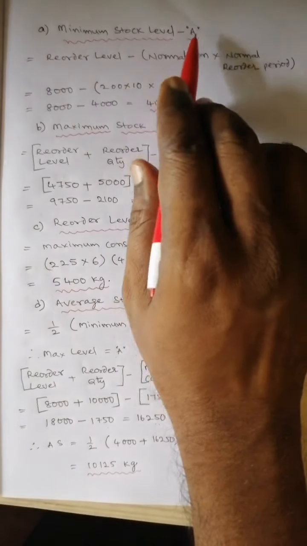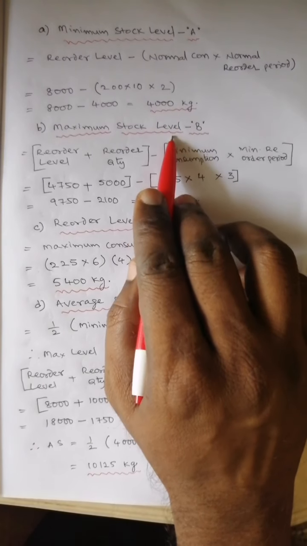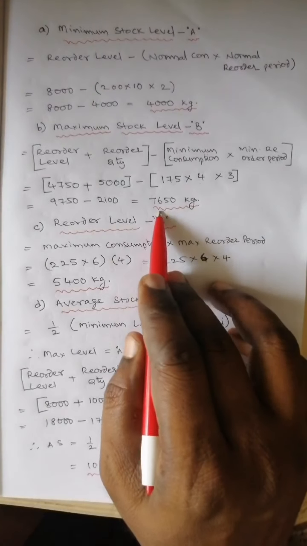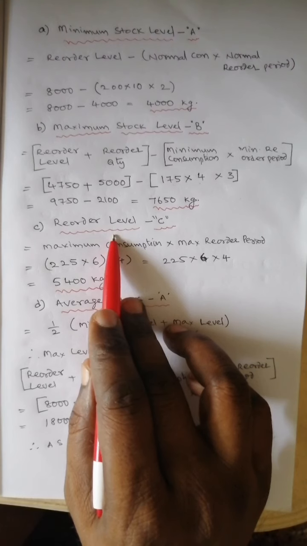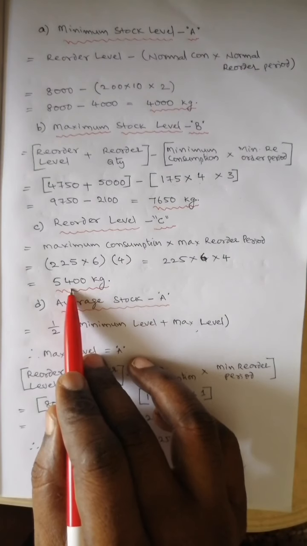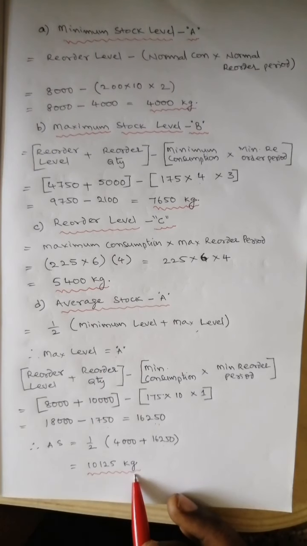So the values are: minimum stock level of A is 4,000 kgs, maximum stock level of B is 7,650 kgs, reorder level of C is 5,400 kgs, average stock of A is 10,125 kg.